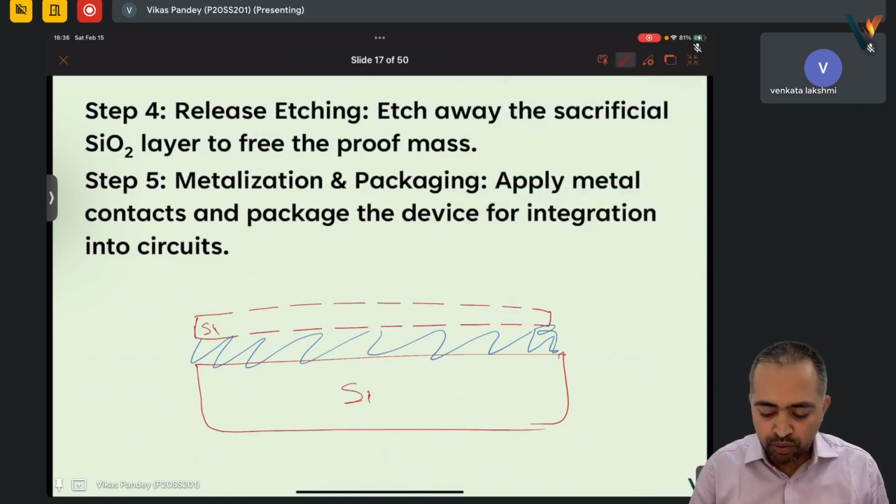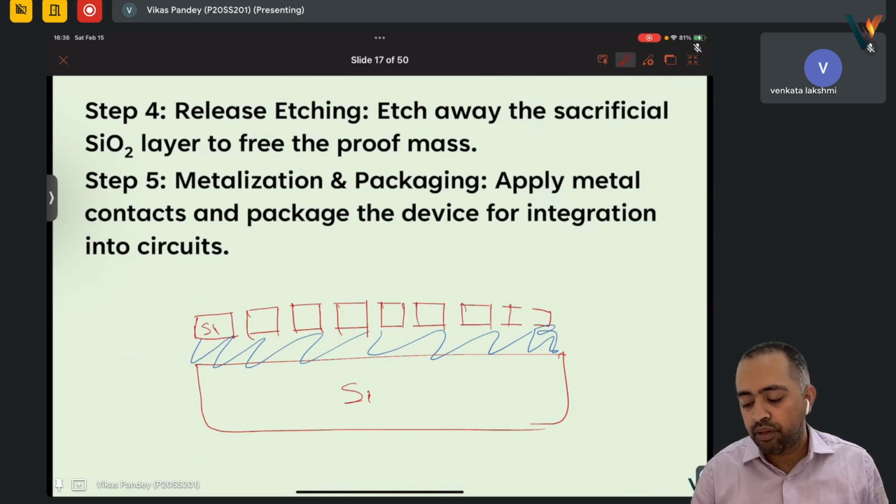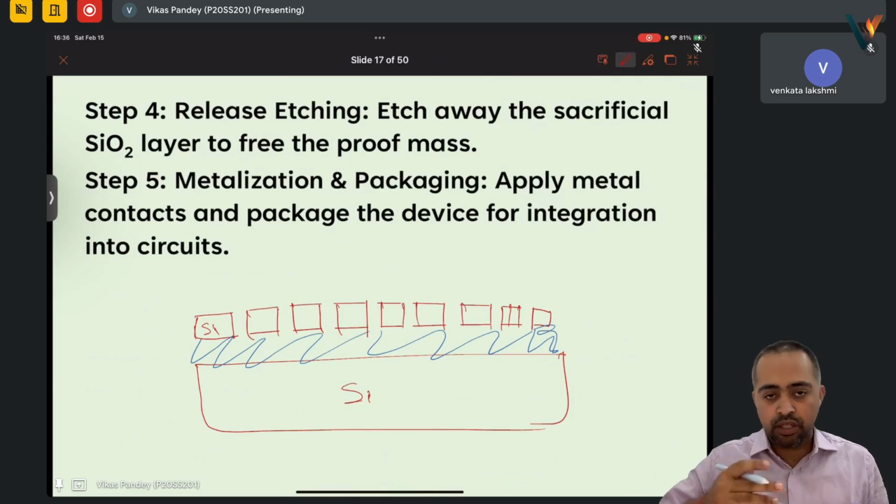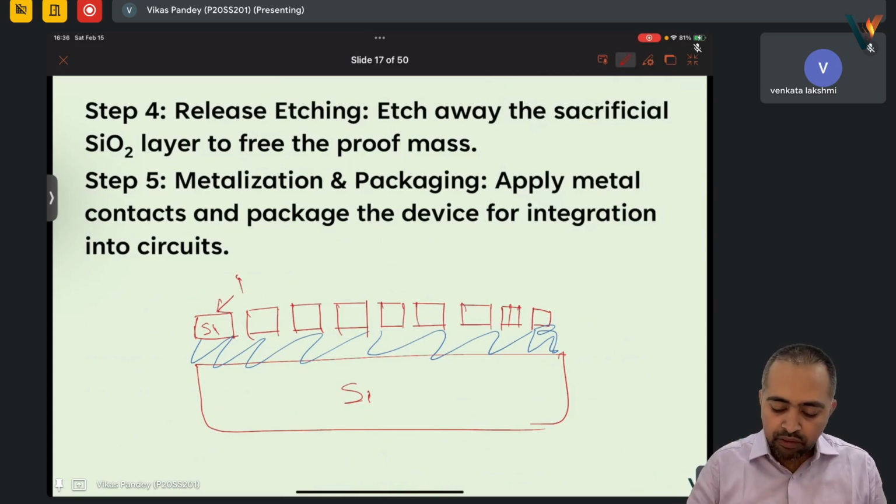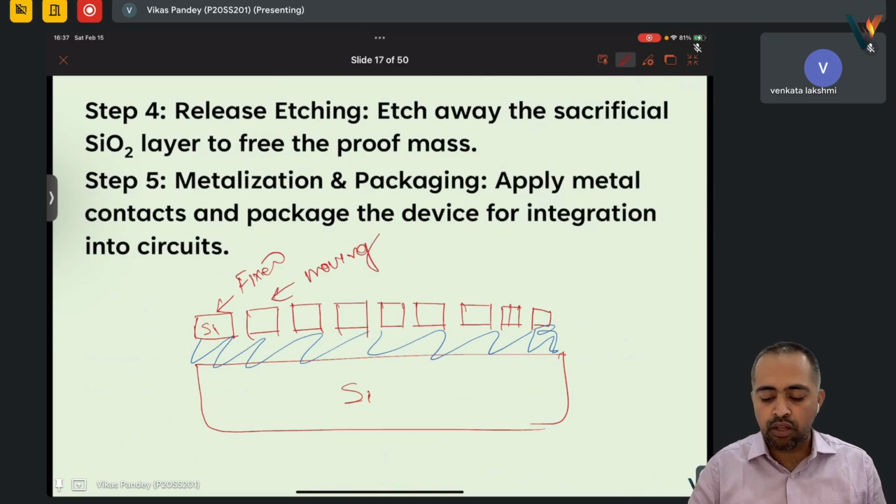Okay, so we have such patterns of silicon. Now that we are making these comb structures, we are making this one fixed, then this one is moving. Okay, again this we want to make fixed, this moving.